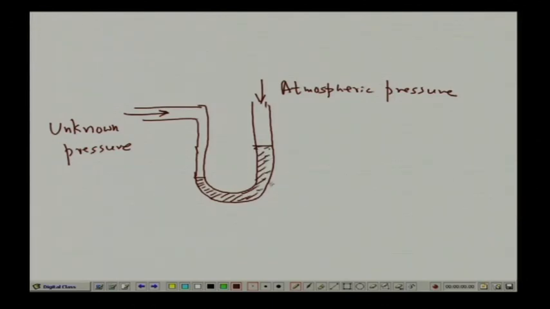These are simple principles, and this particular configuration will measure the gauge pressure.